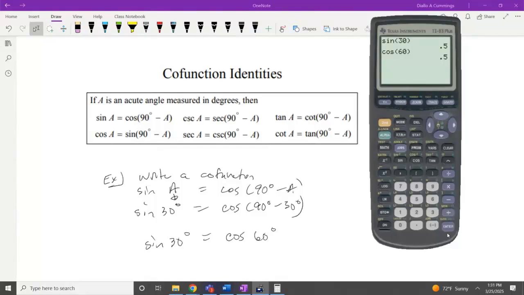So this is the purpose of the cofunction identities. Notice that the sine of 30 and the cosine of 60 are both equal to the same value, which makes these identities true.